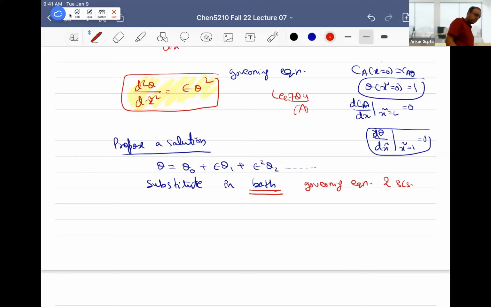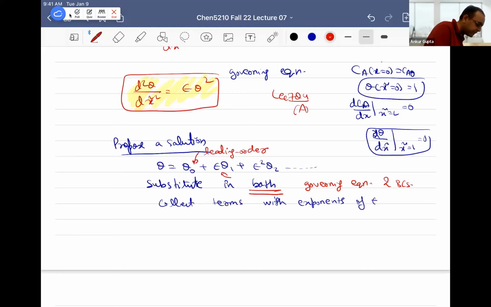Okay, so let's do that: substitute, and then collect terms with exponents of epsilon. Out of interest, this is called the leading order solution, theta naught, which is when epsilon is exactly 0.